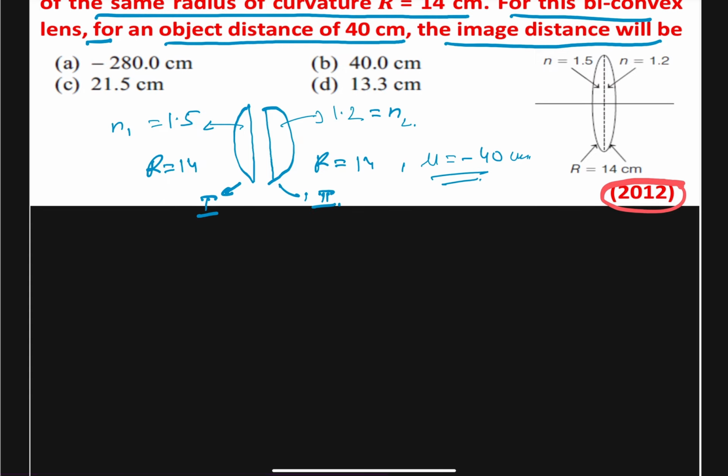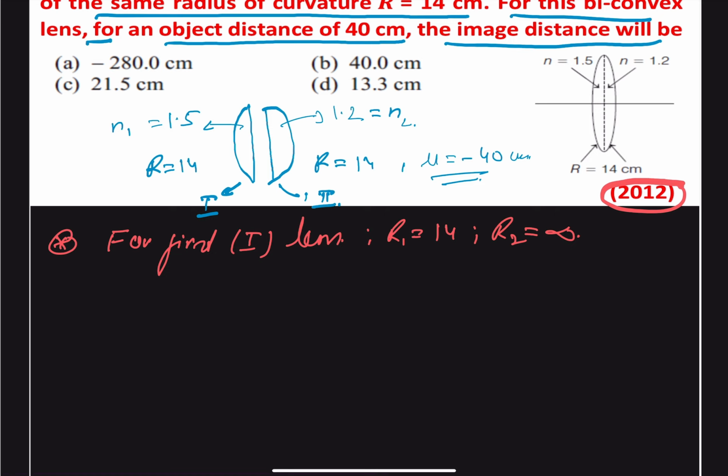So for the first lens, our R1 will be equal to 14 and its R2 will be equal to infinity.